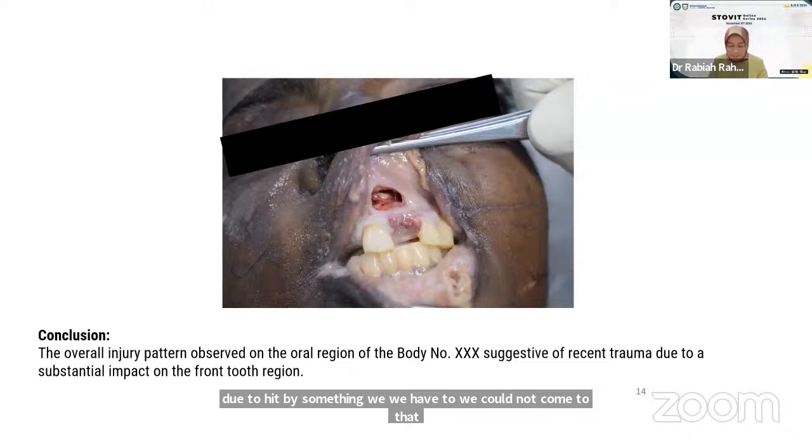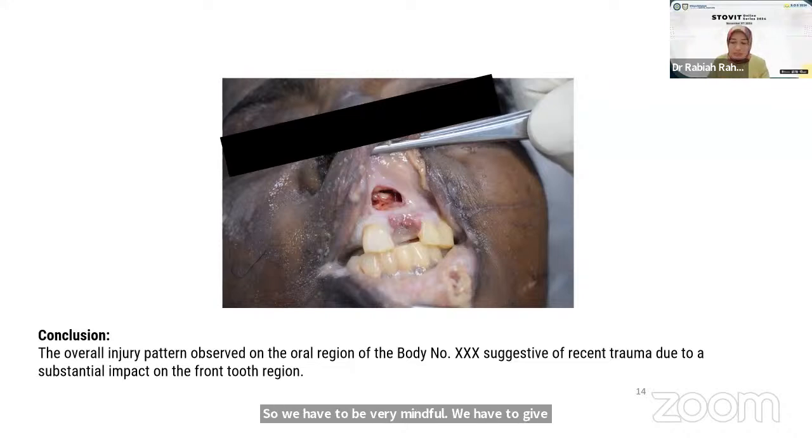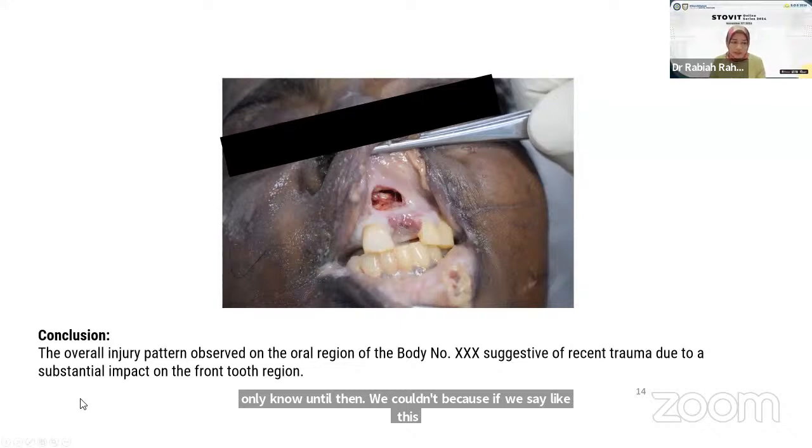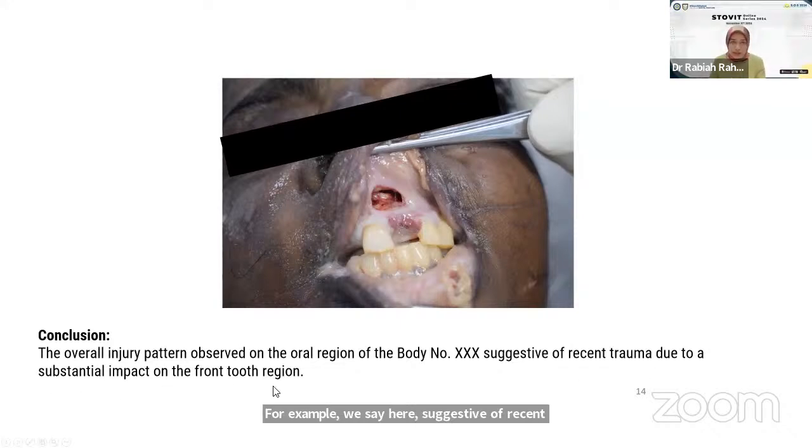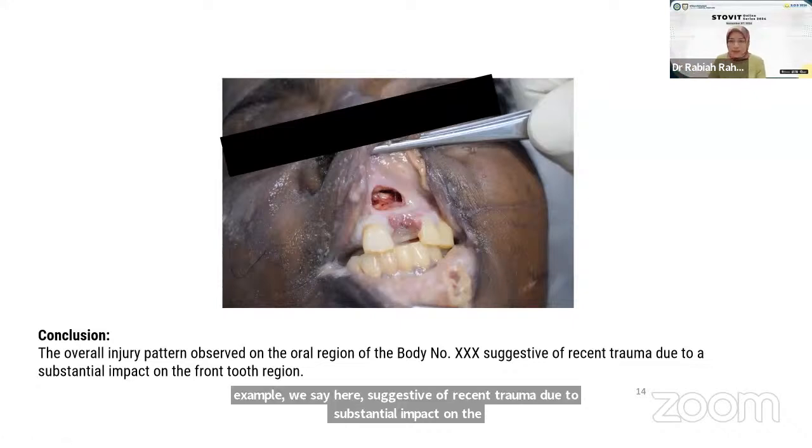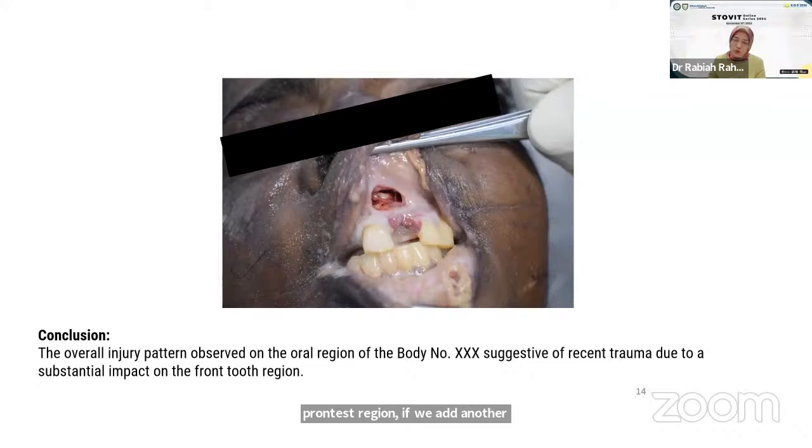We have to explain the evidence in a way that reflects what we only know up to that point. For example, if we say here, suggestive of recent trauma due to substantial impact on the front tooth region, and then add another sentence, saying this could be due to a punch on the face, that is dangerous already, because we could be asked, how can you prove that?